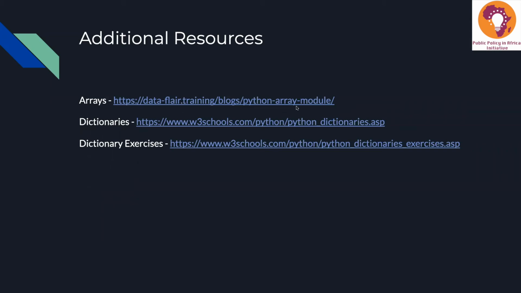So don't worry too much about arrays. You'll just notice in our book that it does call out that arrays are distinct from lists, so that's why I wanted to call that out in the slides here. And then for dictionaries, if you want to learn more about them, check out W3Schools, this link here. And then there are some dictionary exercises that you can check out as well to get some practice with dictionaries.